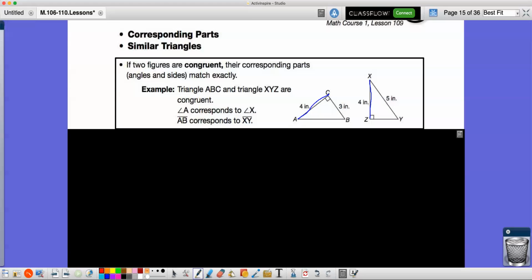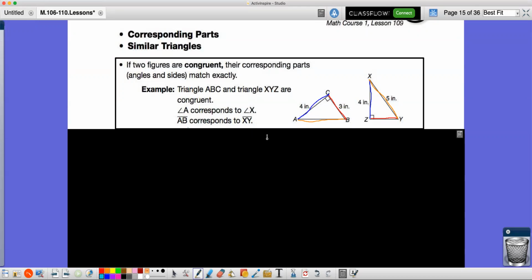You can also see that side CB is the same as side ZY, and you can tell that side AB is the same as side XY. They also have the angles corresponding.